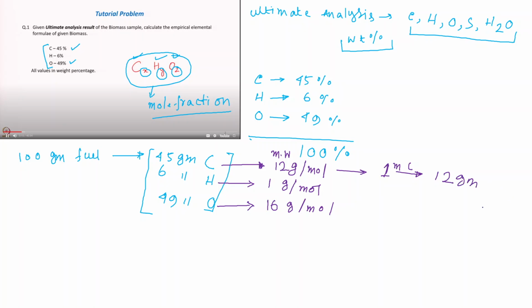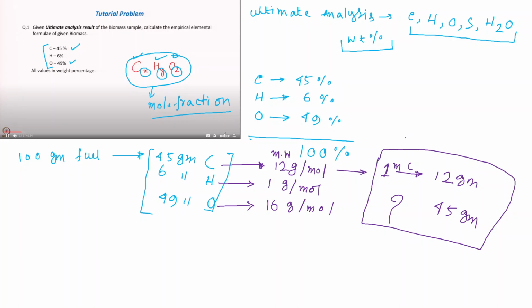So 45 gram carbon equals how many moles? 45 by 12, which is 3.75 mole.